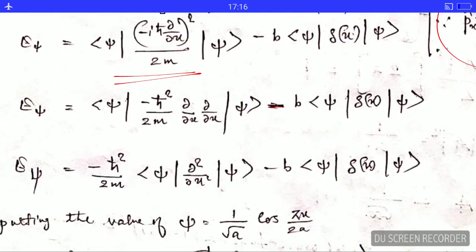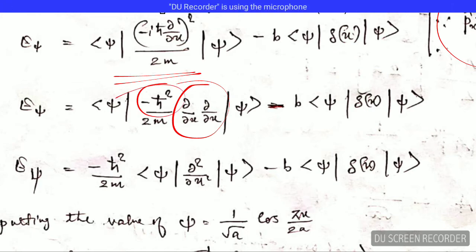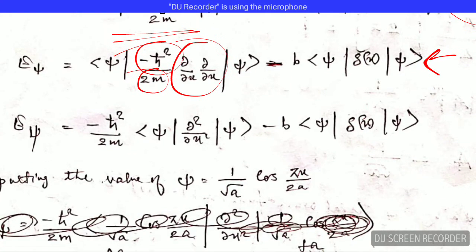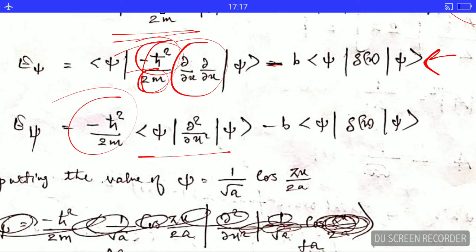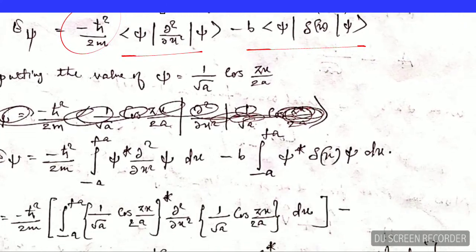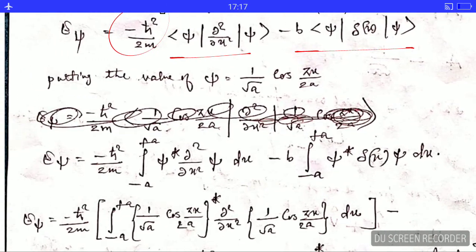Now I further have squared that, so the operator becomes 2 times. Okay, and that became like this and this. Okay, so this equation is now clear to you. Okay, now this was the constant, so it will come out and you will be left with this and this. Now at this point I have to plug the value of this phi.